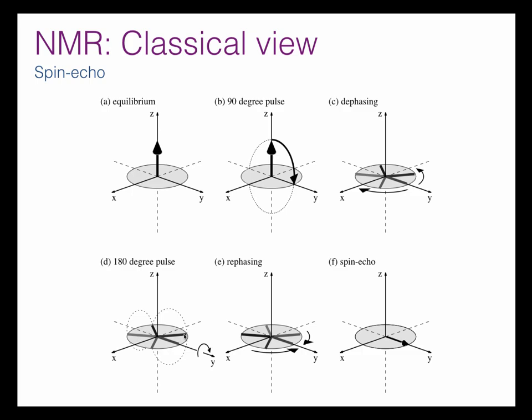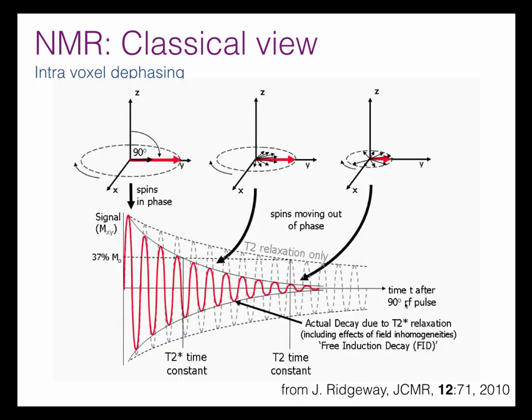This entire disk will be flipped over if we apply, say, the 180-degree pulse along Y. Now, instead of dephasing further, these spins will return back to their original start point, and you will end up with something called a spin echo here. The magnetization curve will then recover back up, and just touch that T2 curve again before starting to fall away again.